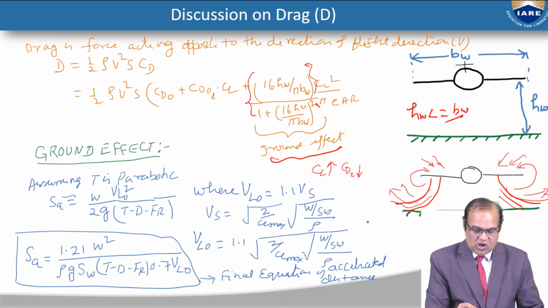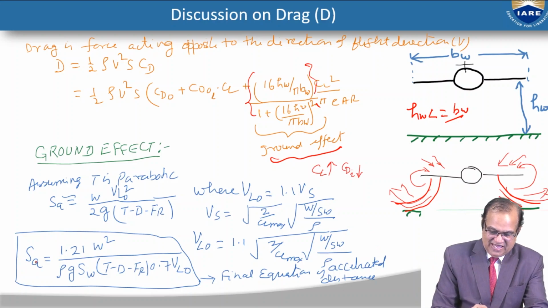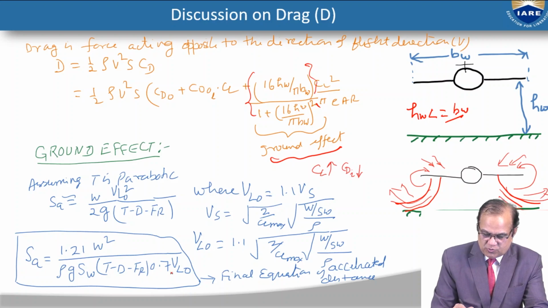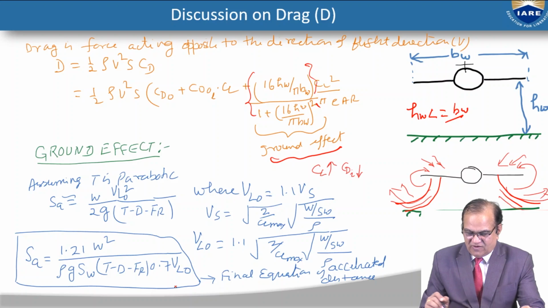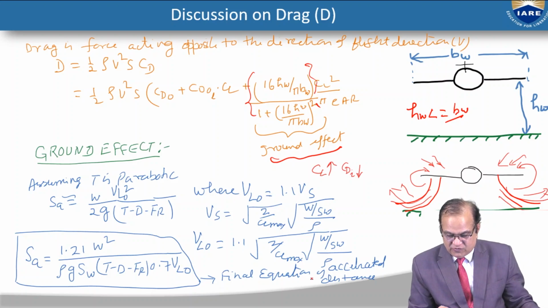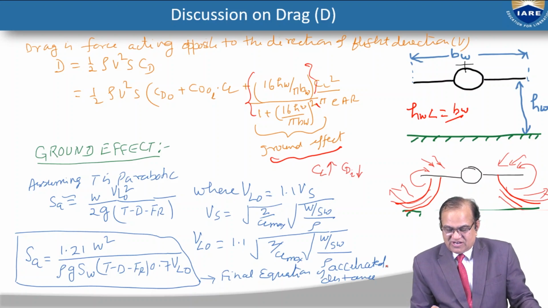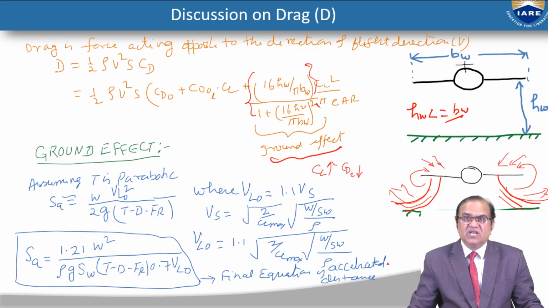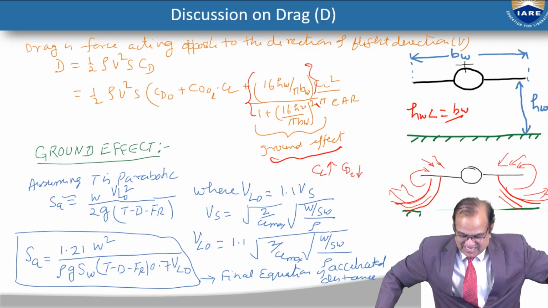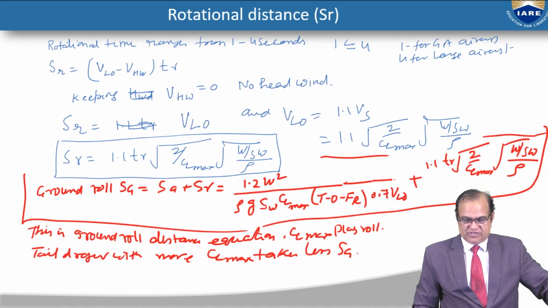So now we got SA equal to 1.21 W square divided by rho G SW CL max T minus D minus FR at 0.7 V lift off. This is the final equation of accelerated distance.